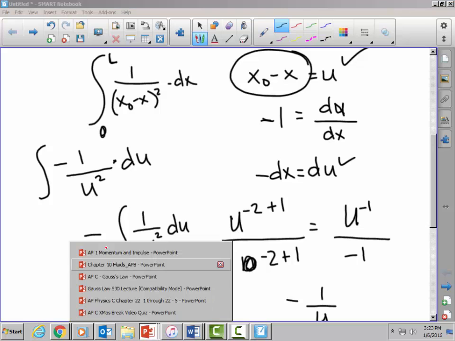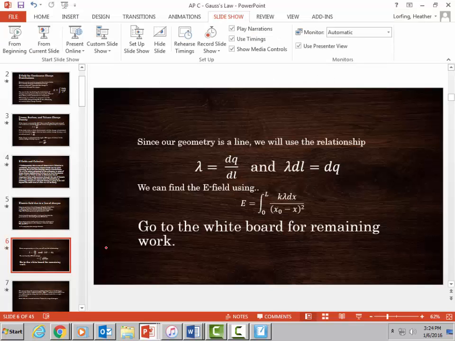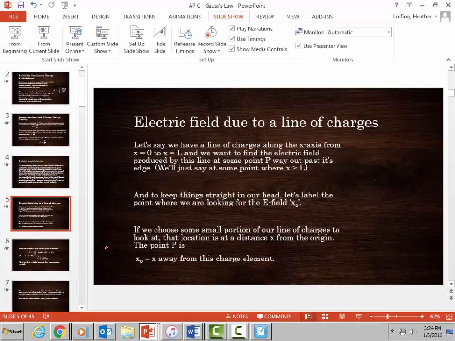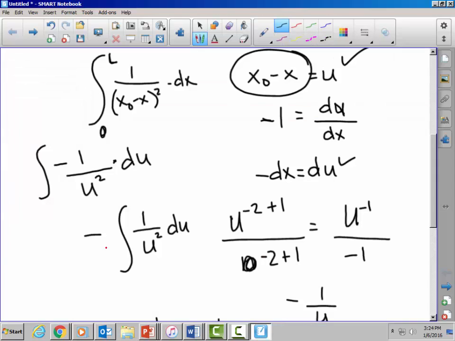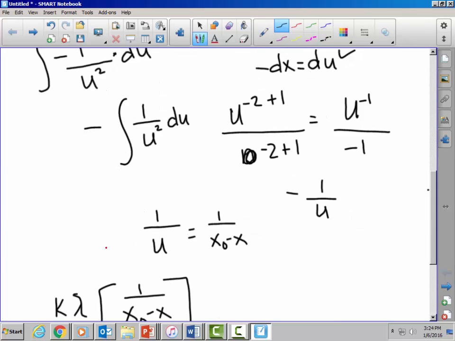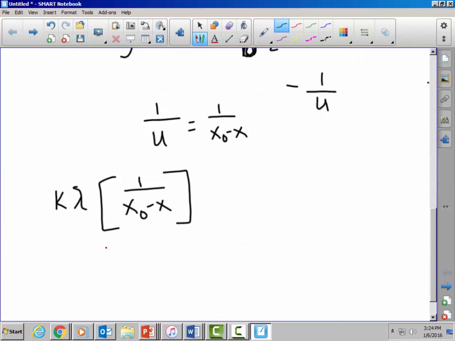Because if we look back at our PowerPoint, or in the picture that we drew, the length of the line of charges extends from 0 to L. So that's how far we are going to evaluate our integral, those charges along that line. So this goes 0 to L.